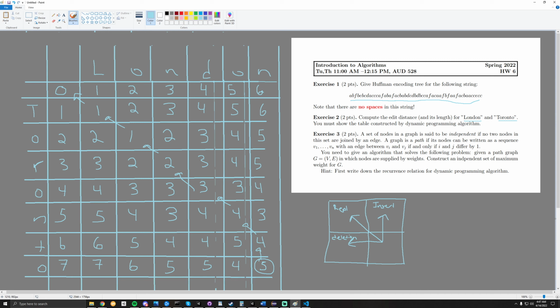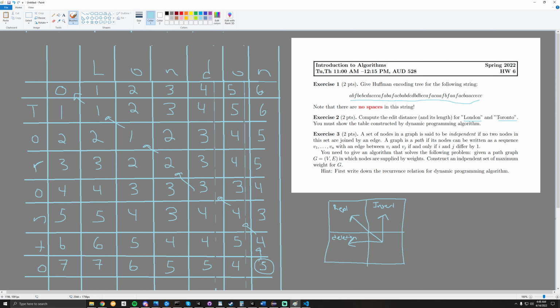So we did an insertion, a replacement, and then a replacement, and we kept that, and a final replacement for our 5 operations. So every time the number stays the same, we're not actually doing anything. And otherwise, we're doing an insertion or a deletion or a replacement depending on the direction.